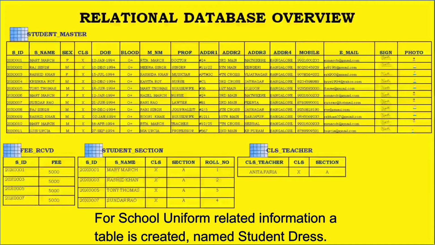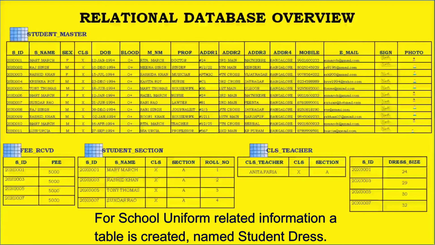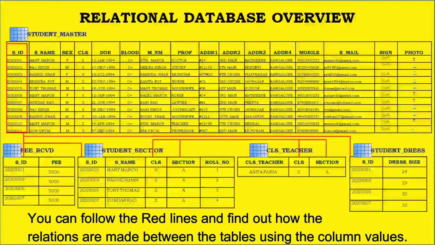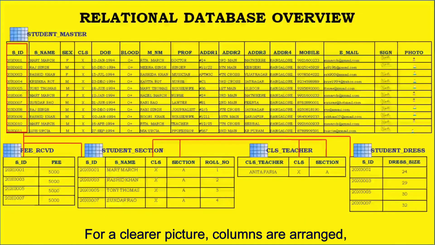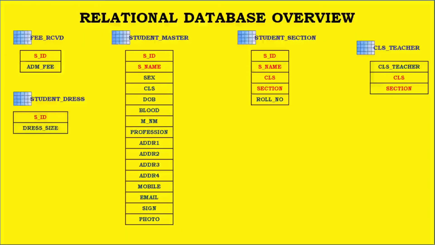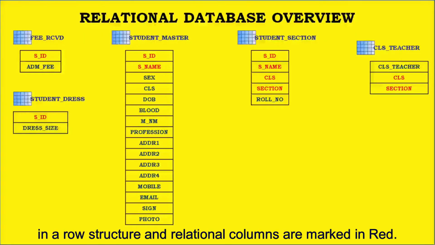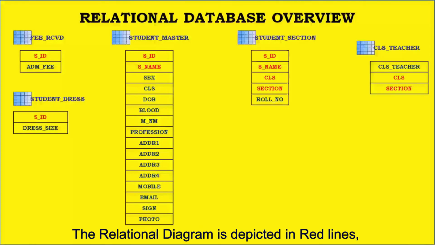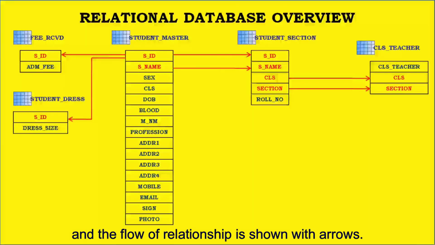For school uniform related information, a table is created named student dress. You can follow the red lines and find out how the relations are made between tables using the column values. For a clearer picture, columns are arranged in row structure and relational columns are marked in red. The relational diagram is depicted in red lines and the flow of relationship is shown with arrows.